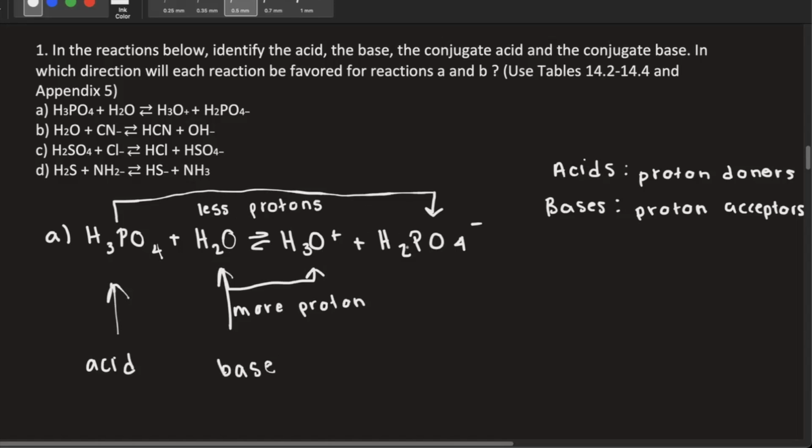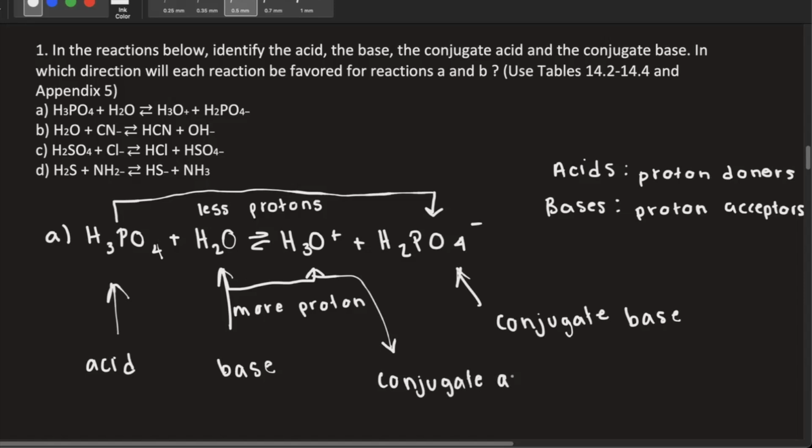Then, looking at the product side, since this is an acid, this is going to be our conjugate base. And since this is working as our base, this is going to work as our conjugate acid.